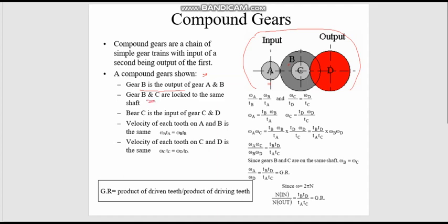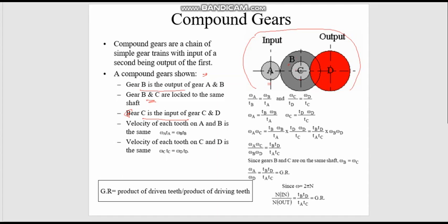And gears B and C are locked to the same shaft. So gears B and C are connected together with the same shaft. And gear C is the input of gears C and D. So if you look at another gear train system, C and D, C is the input and D is the output.